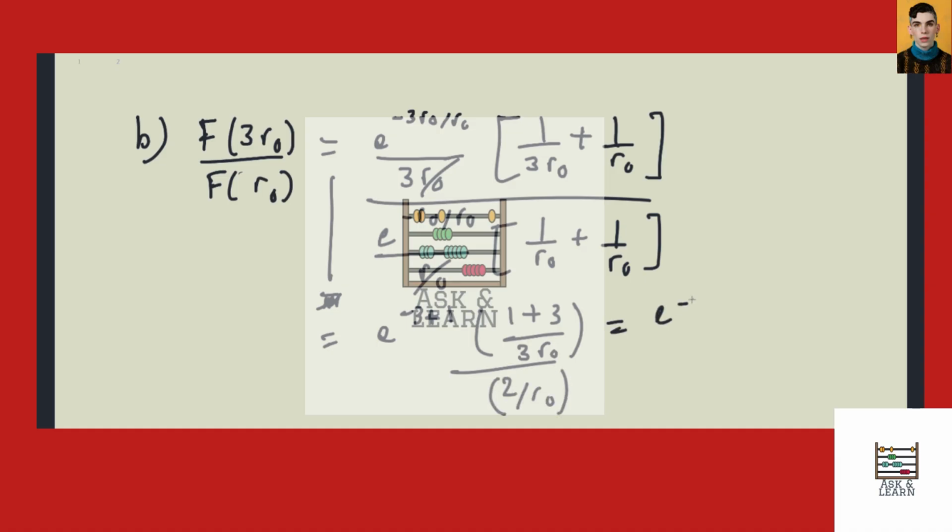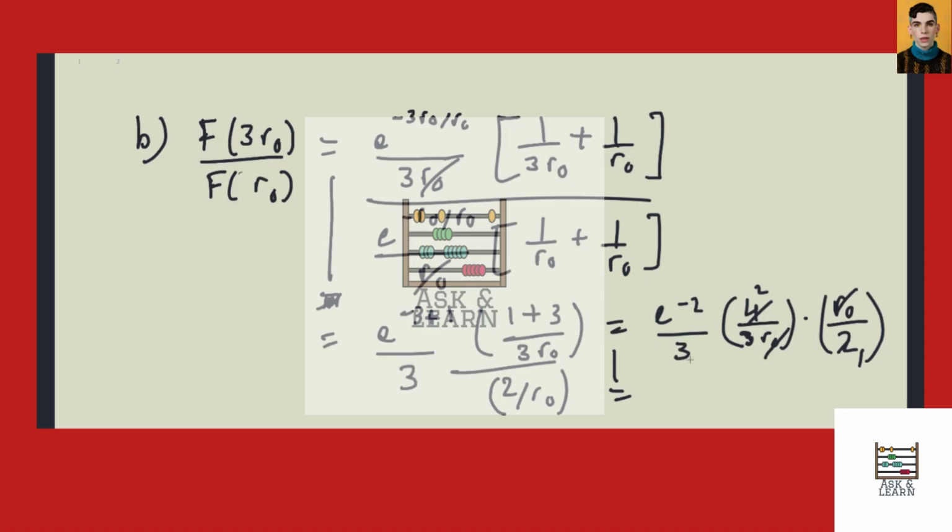And so this is e to the minus 2 times 4 over 3 r naught, and we pull up this denominator to the top, times r naught over 2, and so the r naughts cancel, the 2's, you have 2 left here and 1 left here, and so we get 2 over, whoops, I think I missed a factor of 3 here, 1 over 3, yep. So we get 2 over 3 times 3, so 2 over 9 times e to the negative 2. And so if you plug this in, this is approximately 0.03.